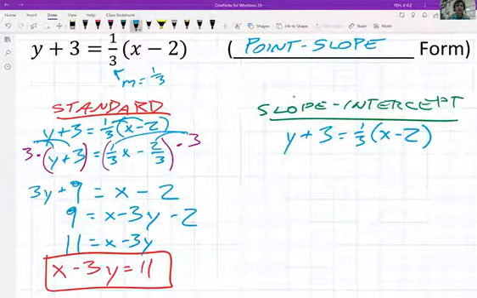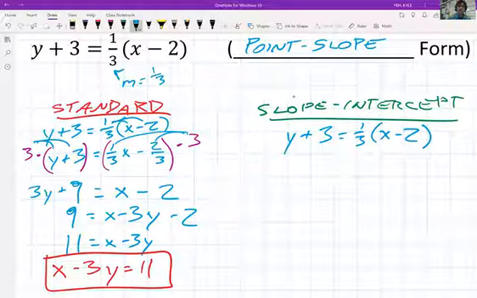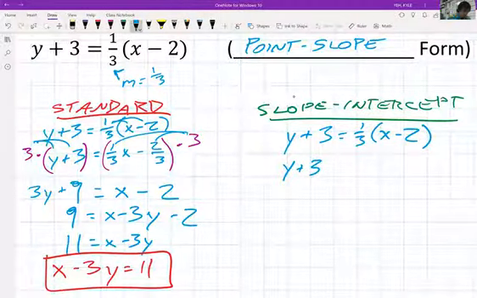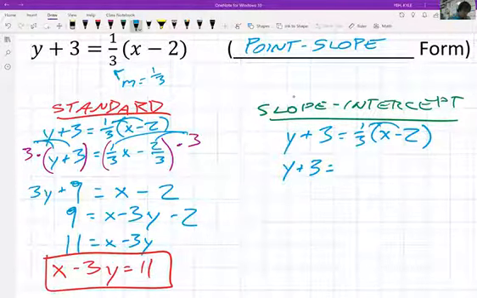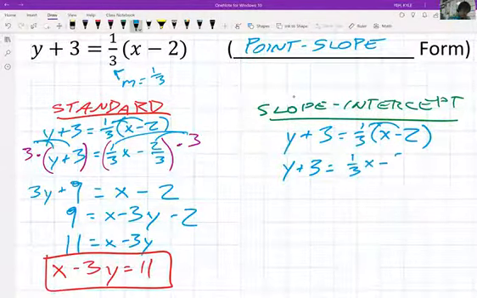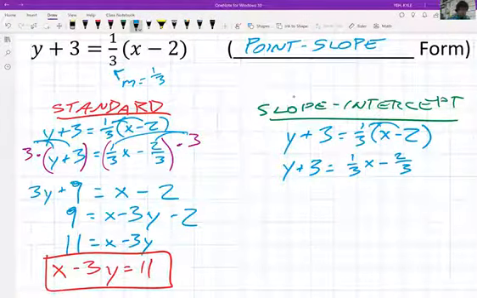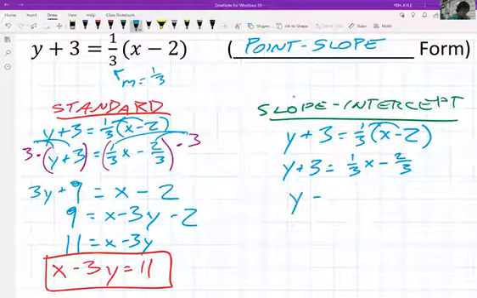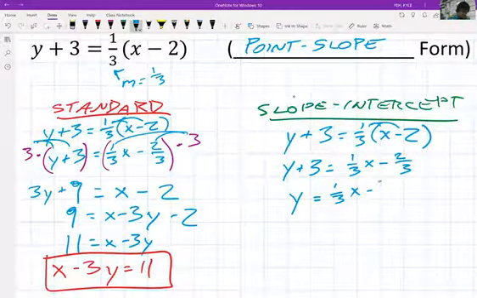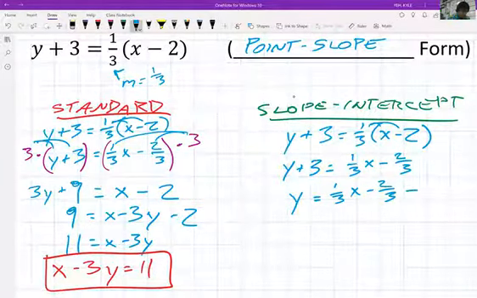And when I'm thinking get in slope-intercept form, the biggest thing that I remind myself is that basically means get y by itself and then simplify everything else on the other side of the equation. So this is y plus 3 equals, let's distribute, 1/3 x minus 2/3. Okay, get y by itself. So y equals 1/3 x minus 2/3 minus that 3 that I just moved over.